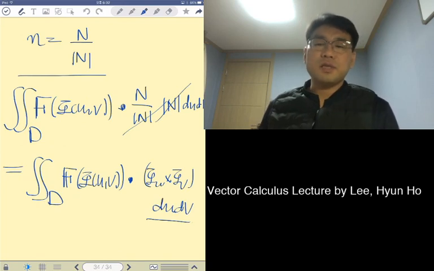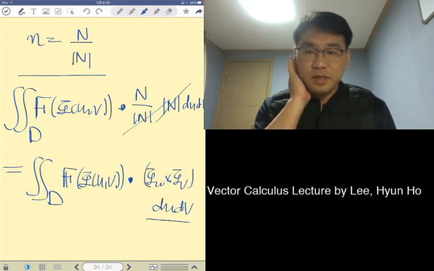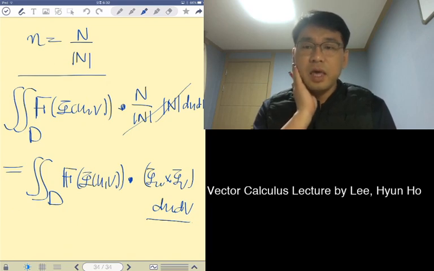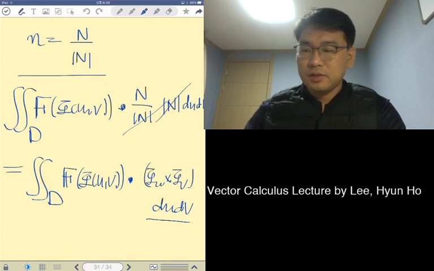This is the surface integral, not the surface area, of this vector field F over sigma.